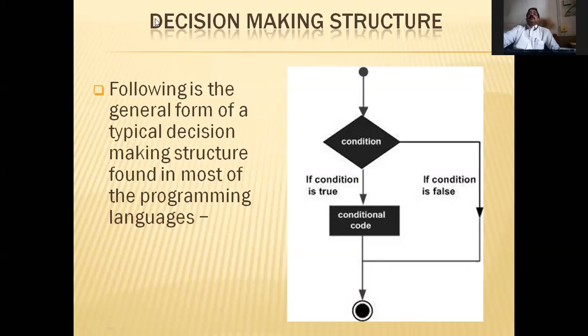At the right hand side, the white figure shows the first condition, where the entry point from the upper side is given, and the kite shaped box, the decision box, is given where the condition is specified.